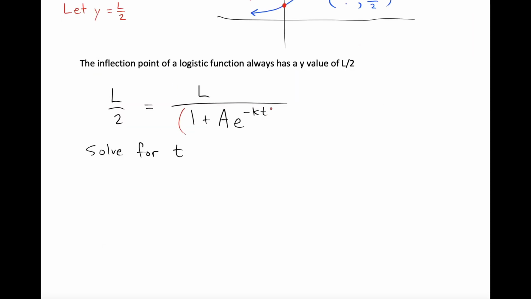So I would take this entire denominator here and multiply it to the other side. The L's will cancel because you have one on the left and one on the right.